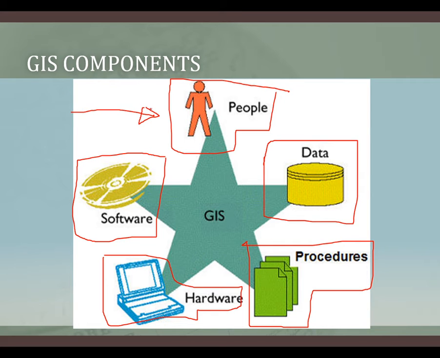To train GIS personnel and have them is one of the most important parts, and that's why all the DOTs always connect with us, and they always want to hire you guys and have you as interns in their departments, because you are trained engineers. So this is the most valuable asset in the GIS components.